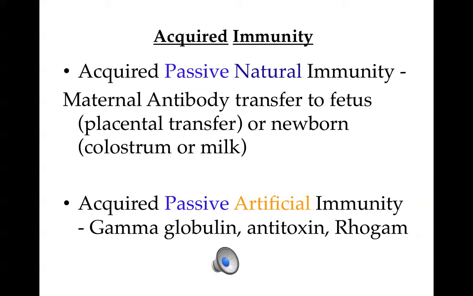So, gamma globulin is a good example that's been used for many years. Antitoxins are antibodies directed against toxins.